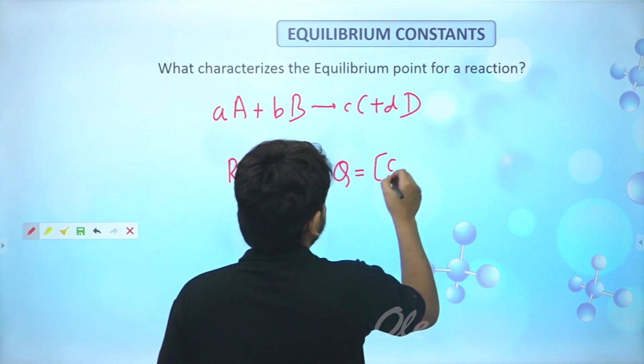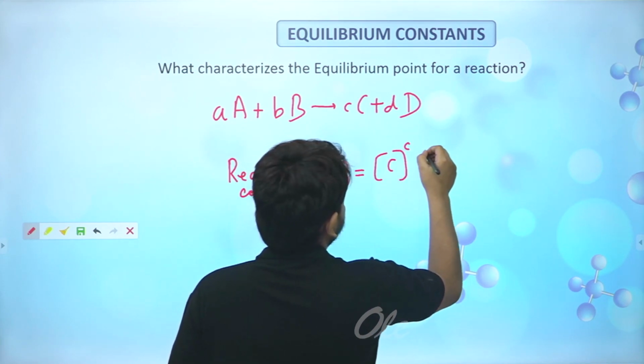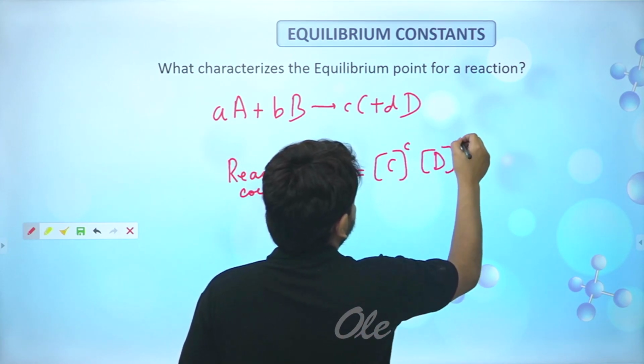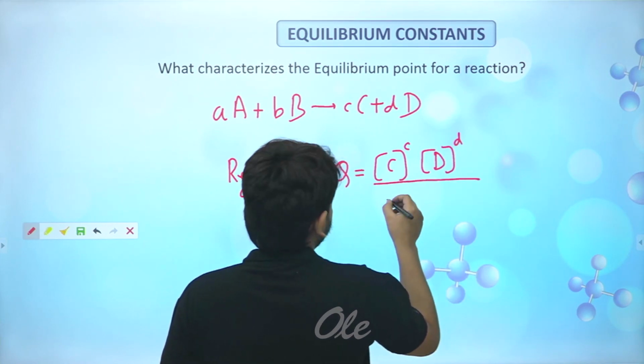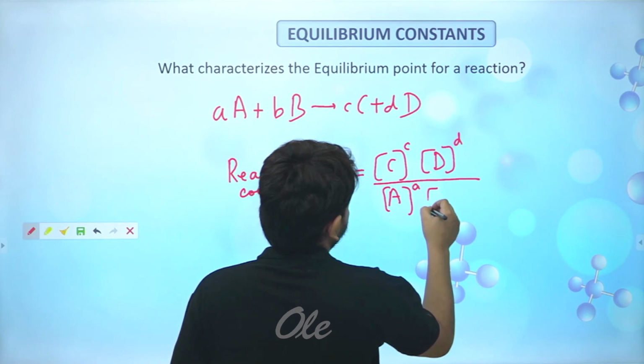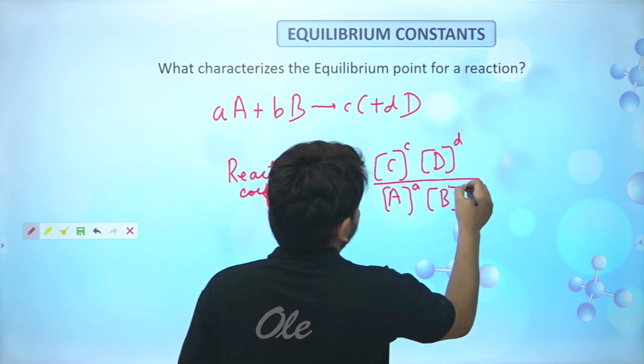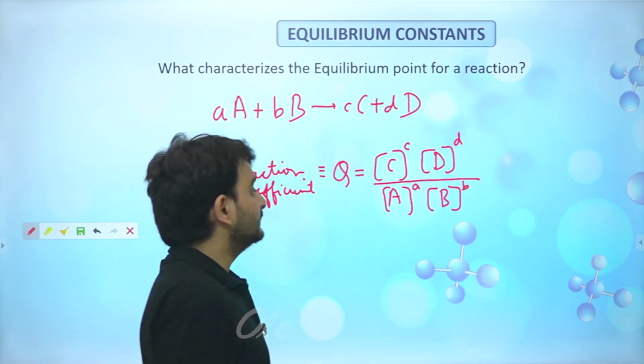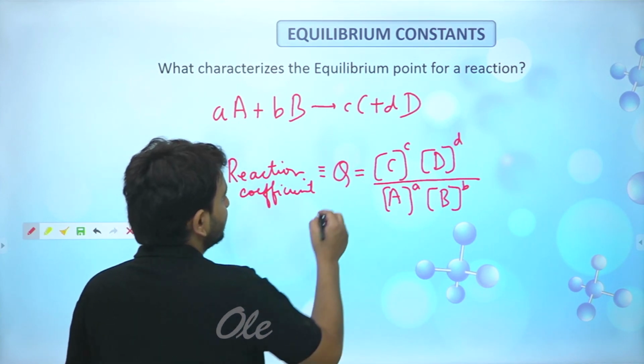It will be C raised to the power small c, D raised to the power small d, over A raised to the power small a and B raised to the power small b. The reactants would come in the denominator, guys, right? So this is the reaction coefficient.